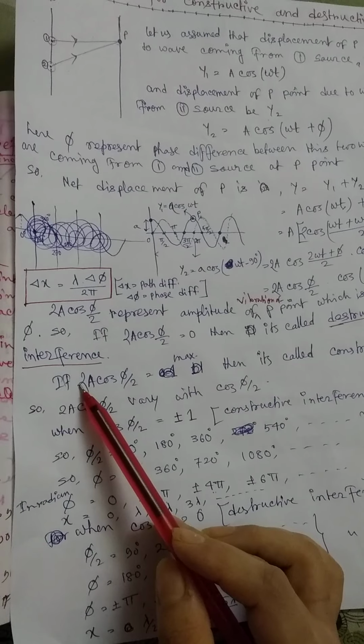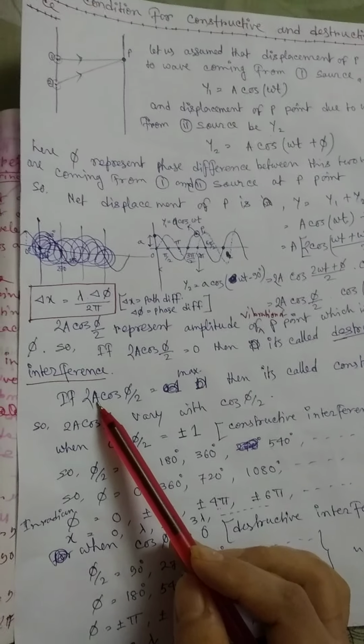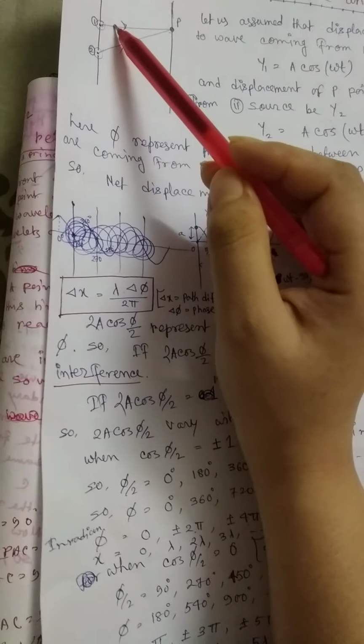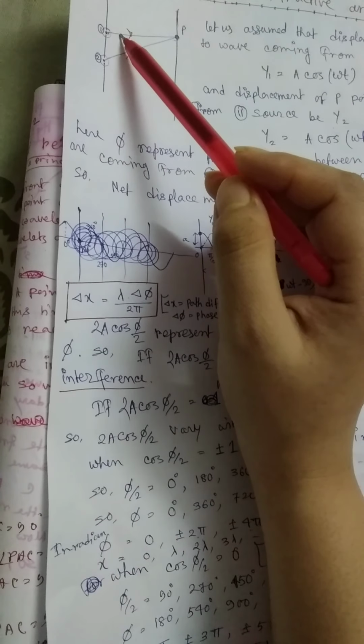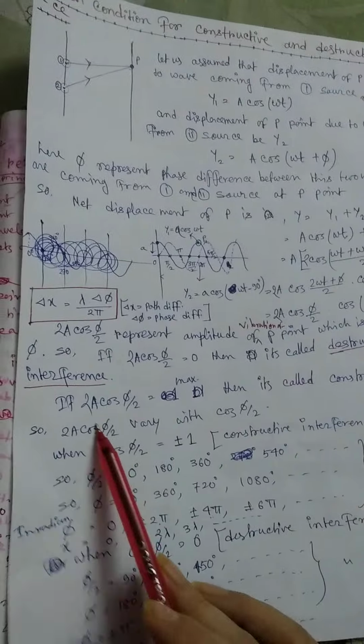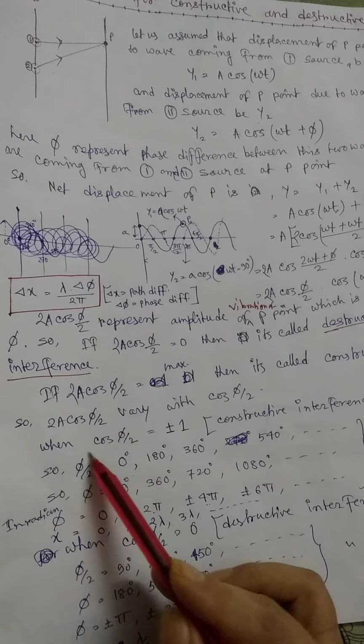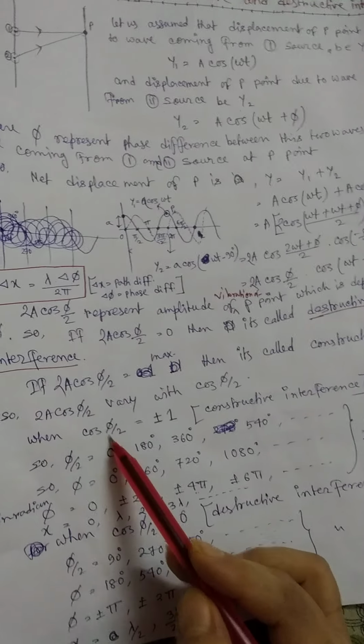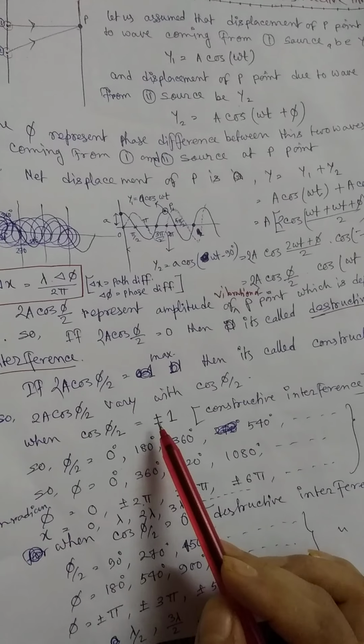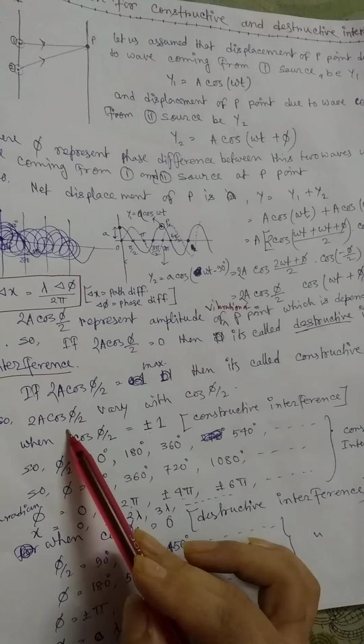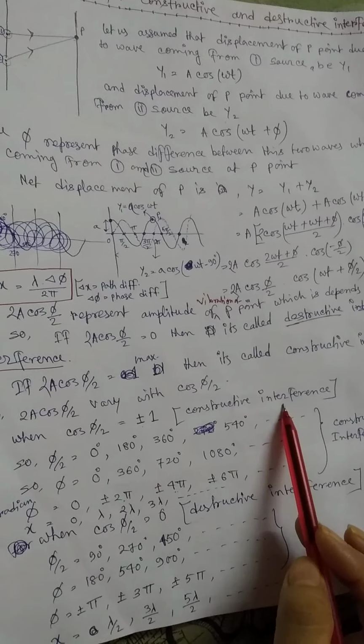So 2A is fixed, 2A cannot change. Why? 2 is a numerical number and A is the amplitude of each wave. These two waves have the same amplitude A, so it cannot change. So only this term can be changed. If cos(phi by 2) equals plus minus 1, then this is maximum, that means constructive interference.